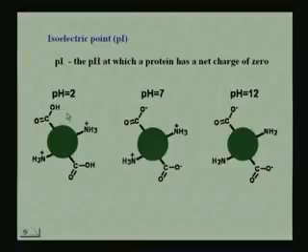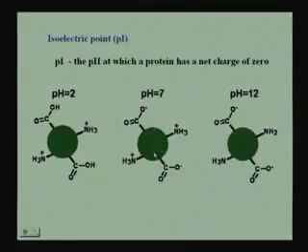Now, as I increase the pH, what am I going to do? I am going to lose the carboxylic acid protons first. So, I am going to come to a point at, say, in this case I have written pH equal to 7. What is the net charge on the protein here? It is 0. So, this would correspond to the isoelectric point of such a protein.